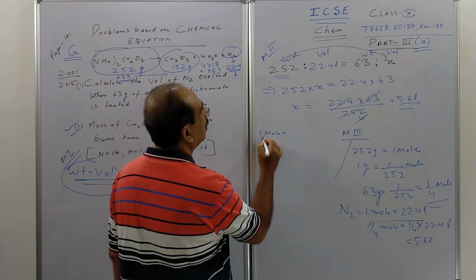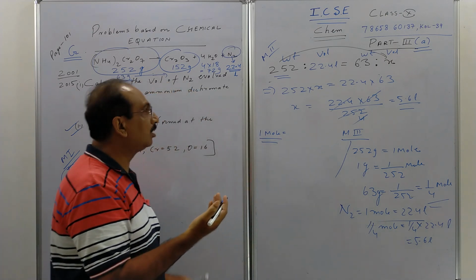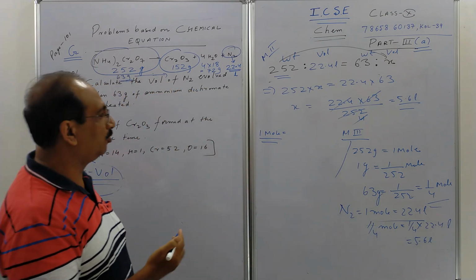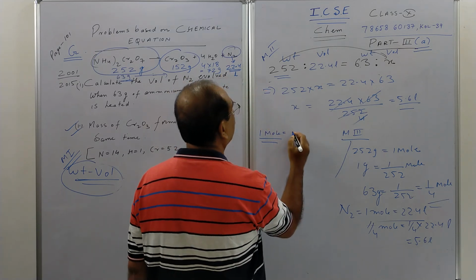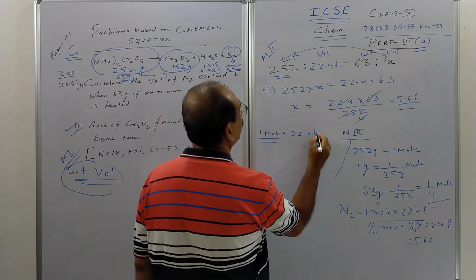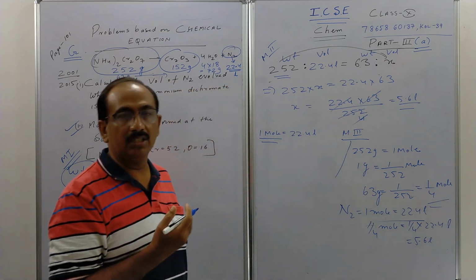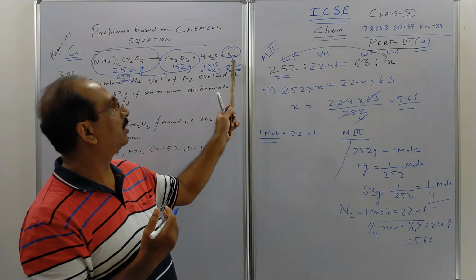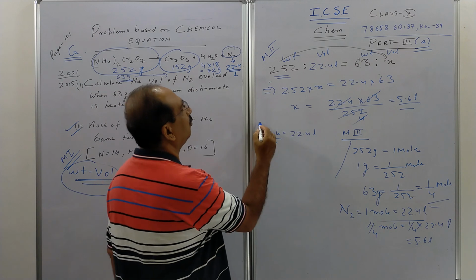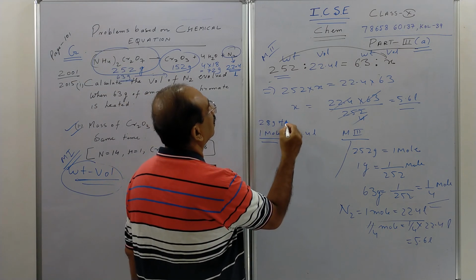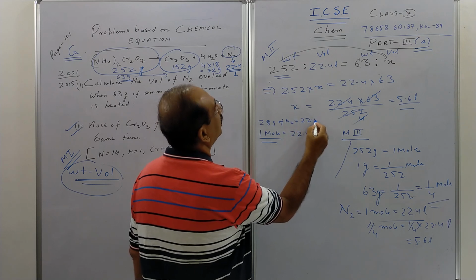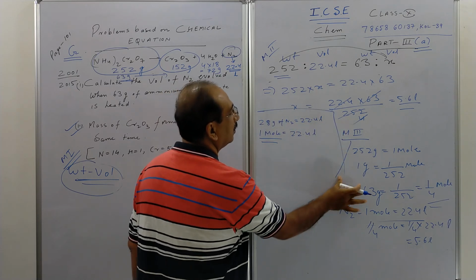1 mole of a substance, 1 molecular weight like 252 gram over here, or here 28 gram, especially if you take a gas, is 22.4 liter. 1 mole of any gas is 22.4 liter. Like here, 28 gram of nitrogen, volume is 22.4 liter.